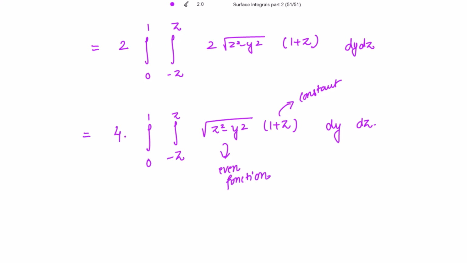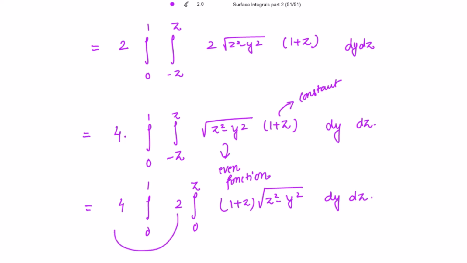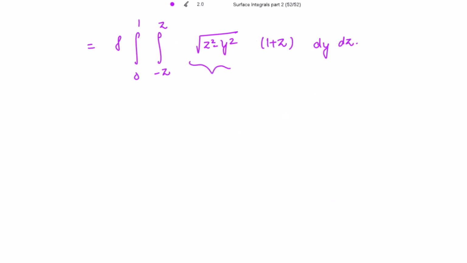Whenever we have an even function with opposite limits, the integral becomes twice the integral with limits from 0 to z, of the integrand dy dz. So these 2 are multiplied with the 4 and we get 8. Now we integrate with respect to y, and for this integral (1 plus z) is constant, so we write the constant first.